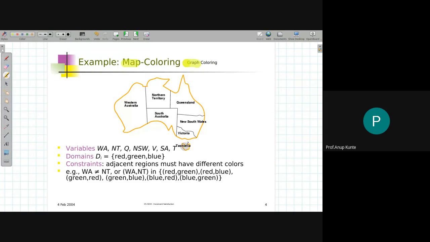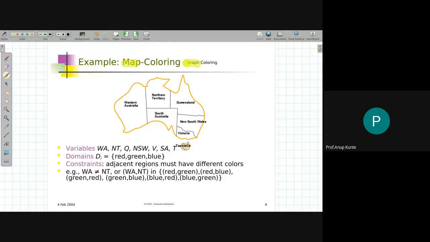I want to decide what number of colors I should choose such that I could color this graph, and the constraint is that no two adjacent regions should be colored with the same color. The next constraint is that the color palette should be of the least size. So there are two constraints here.